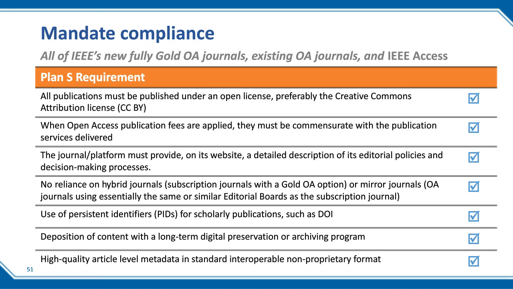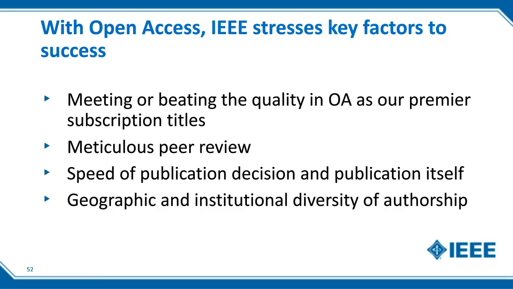With open access, we stress key factors to success. Meeting or beating the quality metrics that we've been able to hit with our premier subscription titles is a key aspect. Derek discussed this just a moment ago. With meticulous peer review, we do not drop our standards for open access.